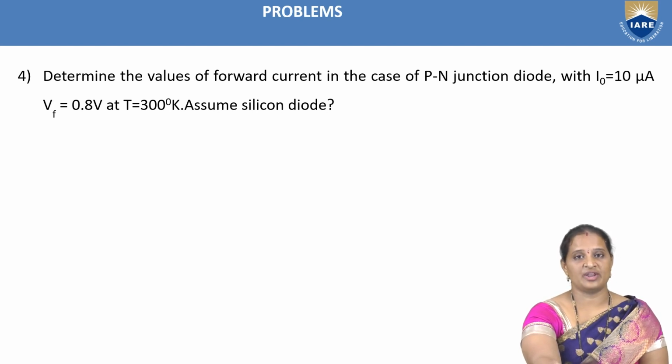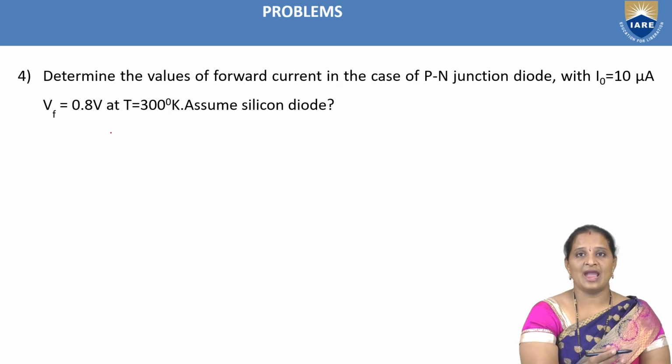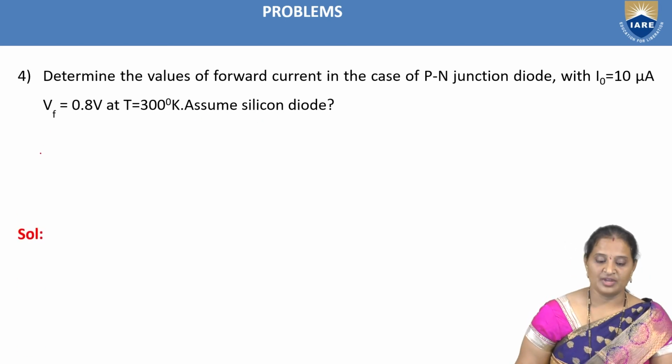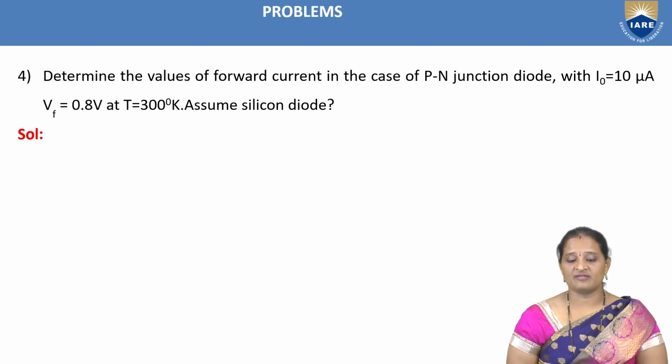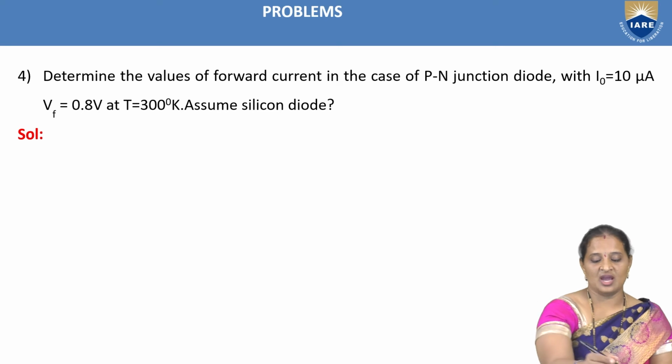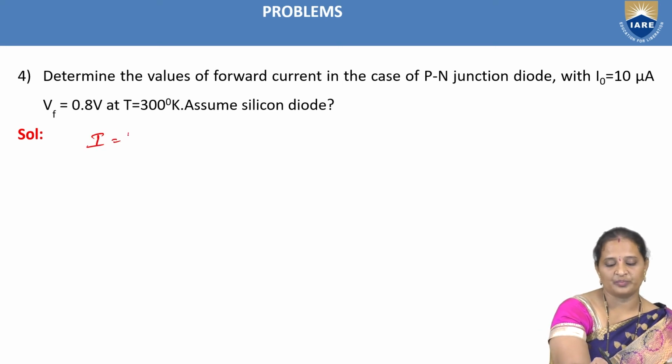Next, determine the value of forward current in the case of a PN junction diode with I naught equal to 10 microamperes, Vf equal to 0.8 at T equal to 300 degrees Kelvin, assume silicon diode. Now, he asked us to find the forward current, the I value.